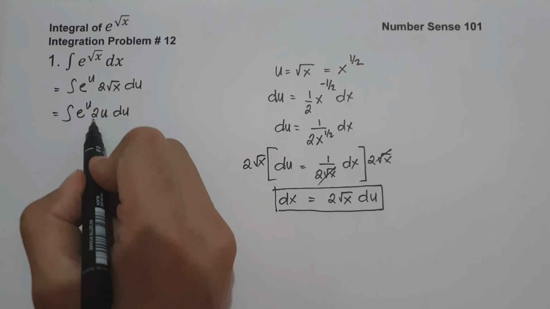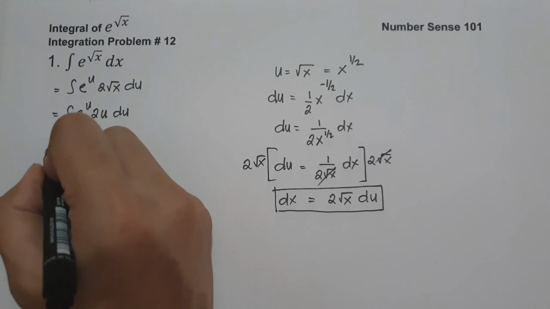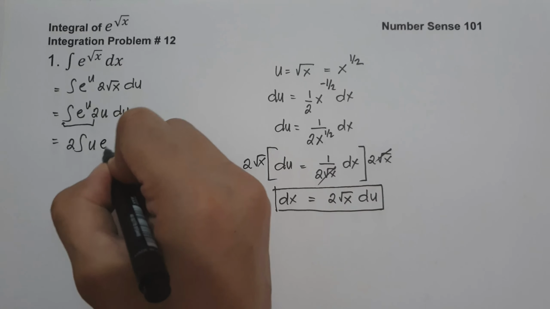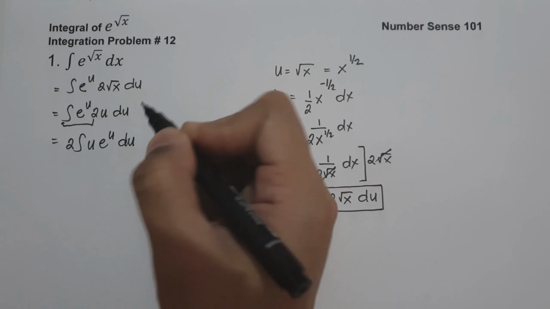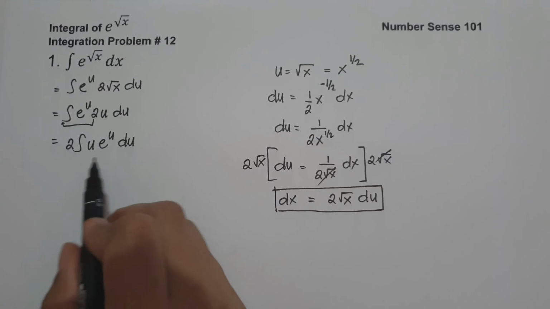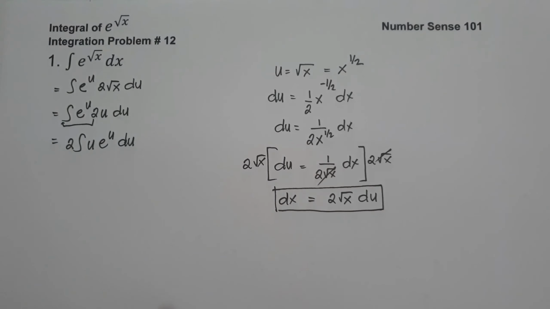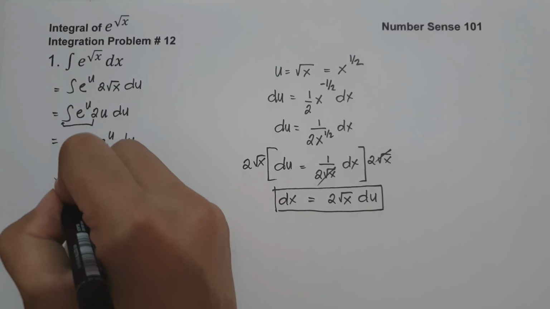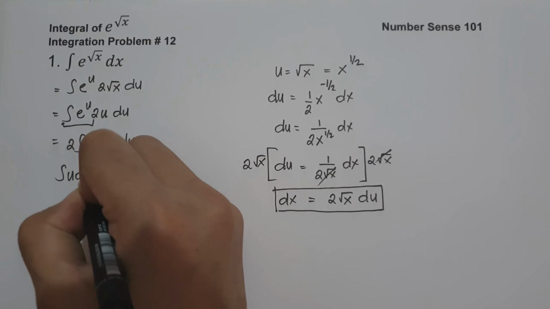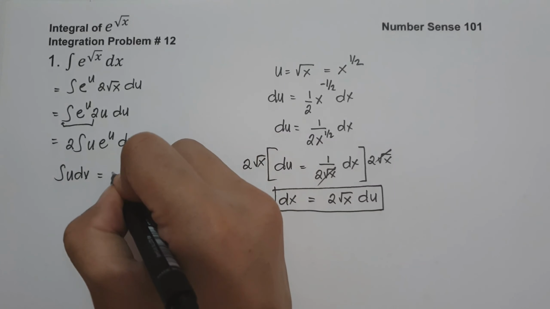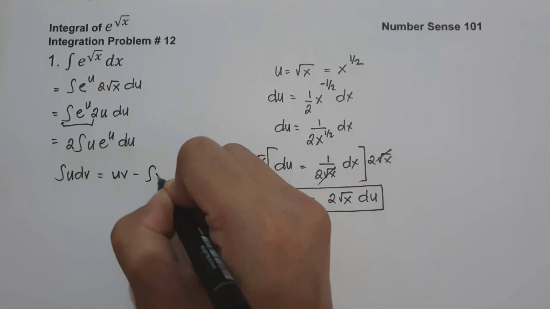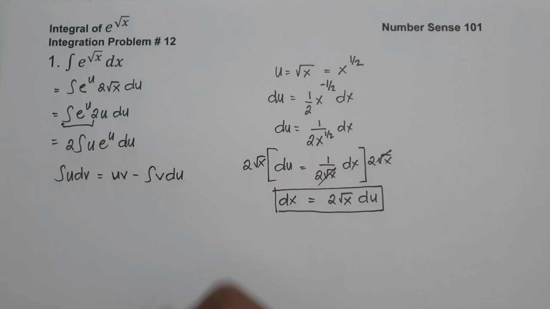So let us move the constant in front. This will be 2 antiderivative of u e raised to u du. And to solve this one, we are going to use integration by parts. So that is the antiderivative of u dv, that is u times v, minus the antiderivative of v du.